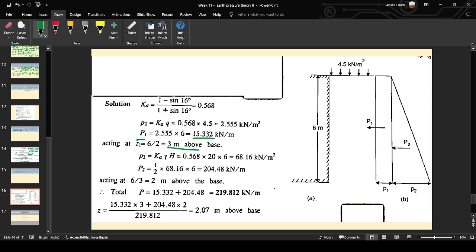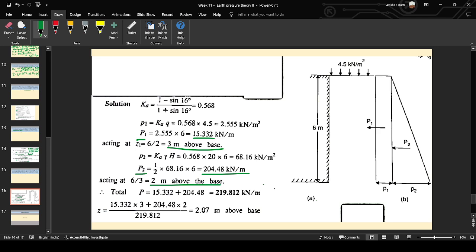This is Z1. Again P2, the base of the triangle, is Ka into gamma h: the coefficient of active earth pressure multiplied by the unit weight multiplied by the height of the backfill. So this is the value 68.16, and then finding the area of the triangle, half into base into height, half into P2 into height 6, we get P2 total thrust as 204.48, acting at 1/3 from the base, that is 6 by 3, 2 meter from the base, Z2.